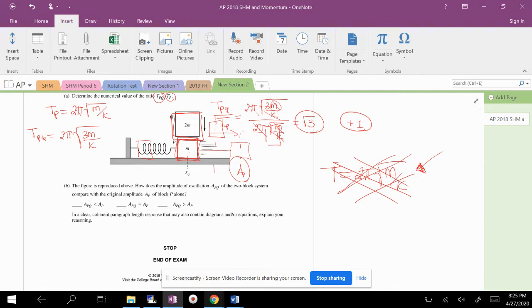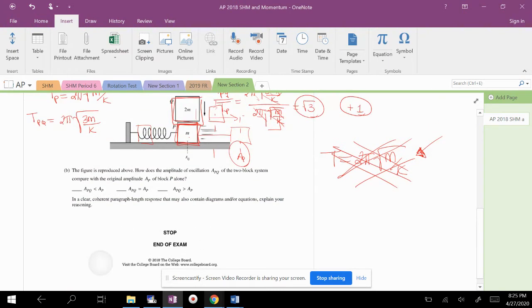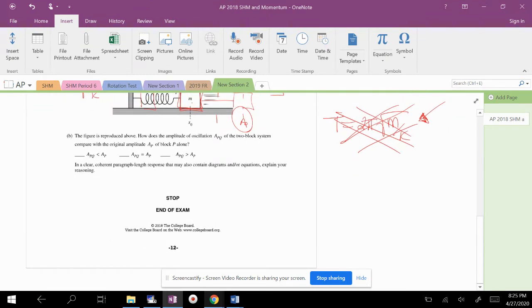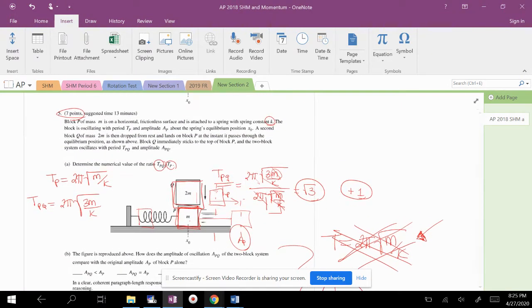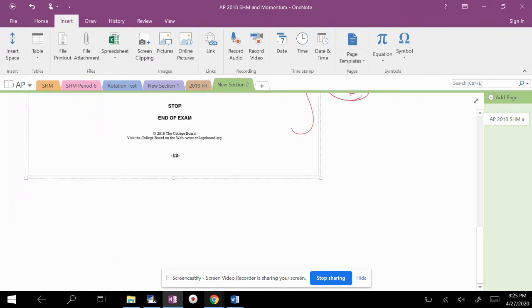The first thing you have to think about here is that this is a collision. This is going to be a long explanation, and this is where you're going to get the bulk of your points. This is a 6-point part, because part A was just 1 point and the question is 7 points. So we have to mention a lot of different things here.